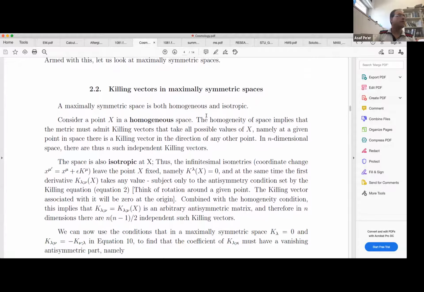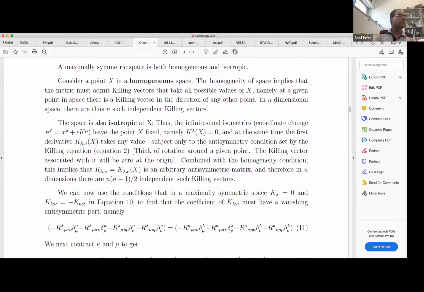And so that leaves us with the anti-symmetric coefficient of the derivative of k_lambda.